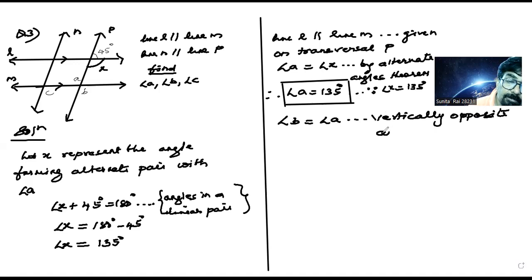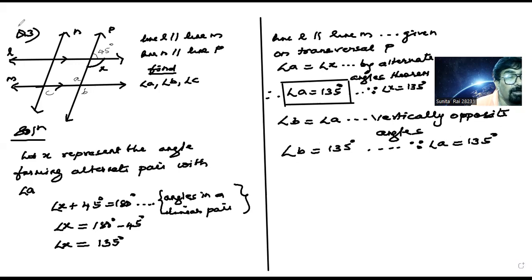So naturally, angle B equals A, in place of A I'm going to write 135 degrees, since angle A is equal to 135 degrees. Children, now listen. After putting this, can I put it in a box again? Children, this I put in a box.